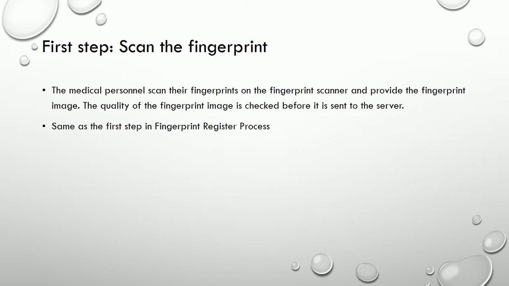Also, the quality of the fingerprint image is checked before it's sent to the server, because if the fingerprint is blurred, this may cause a mismatch for the medical personnel. So it needs a very clear fingerprint to be matched in the matching server.